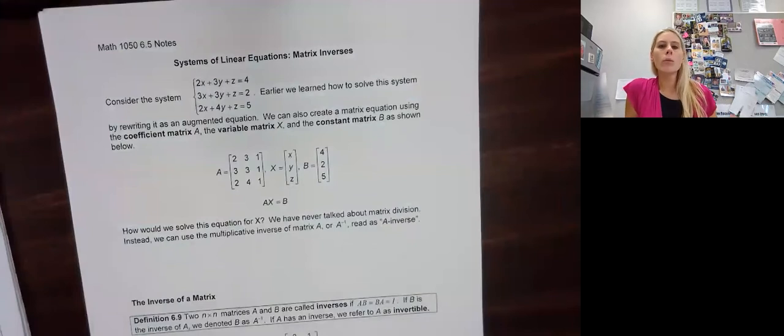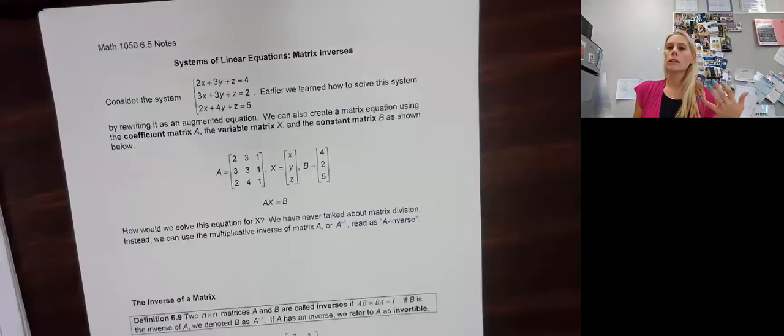So how would we solve this equation for the x matrix? We've never talked about matrix division. Instead, we can use the inverse matrix. Now, how can I connect that to make you remember? Well, in arithmetic, right, if I wanted to get rid of addition, I would subtract.